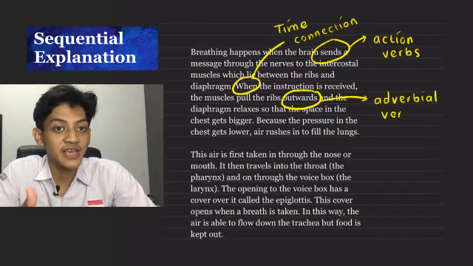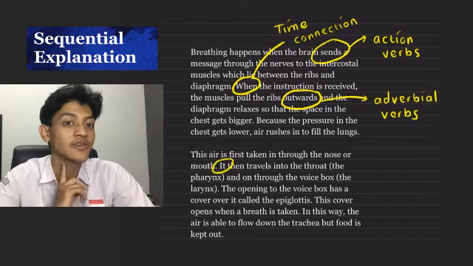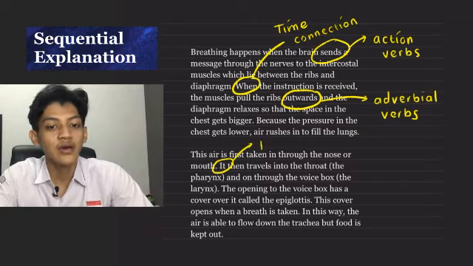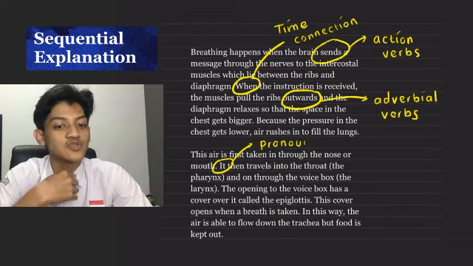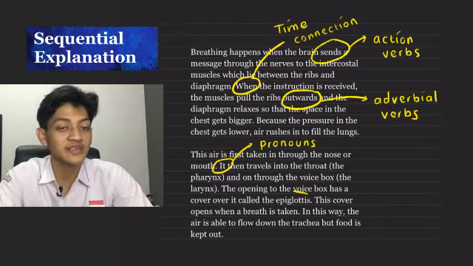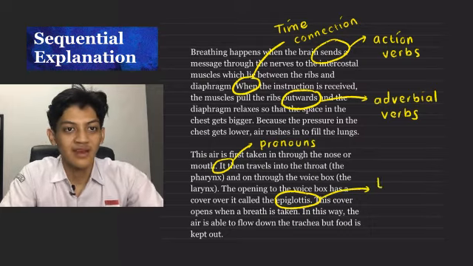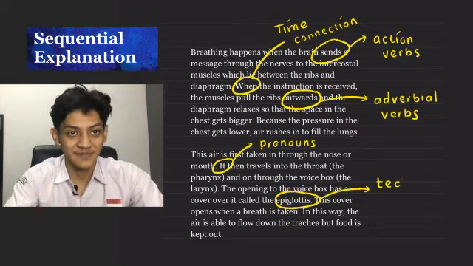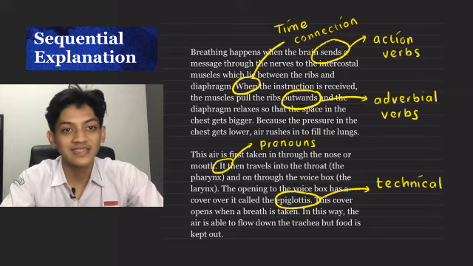This air is first taken through the nose or mouth, and then it travels to the throat and on through the voice box or larynx. The opening of the voice box has a cover over it. The name is epiglottis. The cover opens when a breath is taken, and the air can flow through the trachea, but the food is kept out.